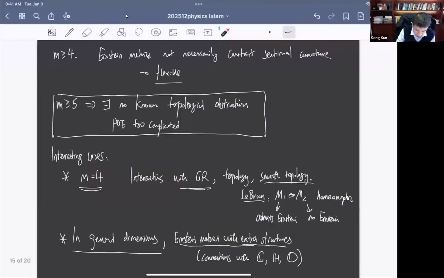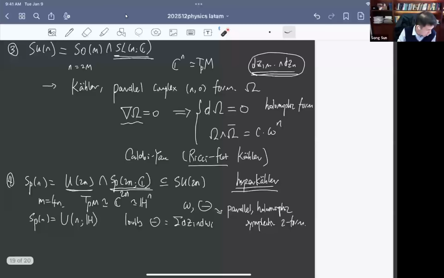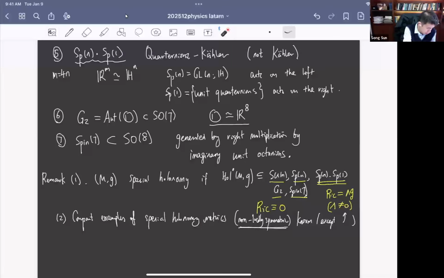And here we know that Einstein metrics are not necessarily constant sectional curvature, they are flexible. We want to write down some examples of 4-dimensional Einstein metrics, which are the hyperkähler, and that's an ansatz constructed by Gibbons and Hawking, the physicists.